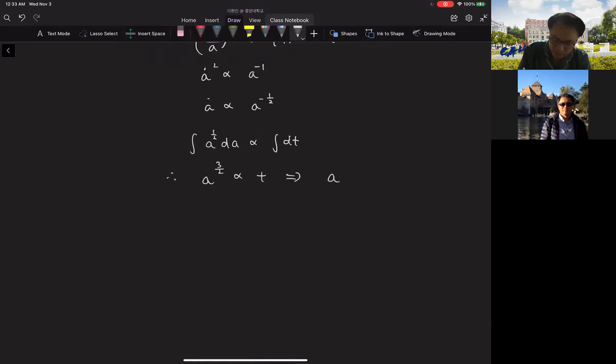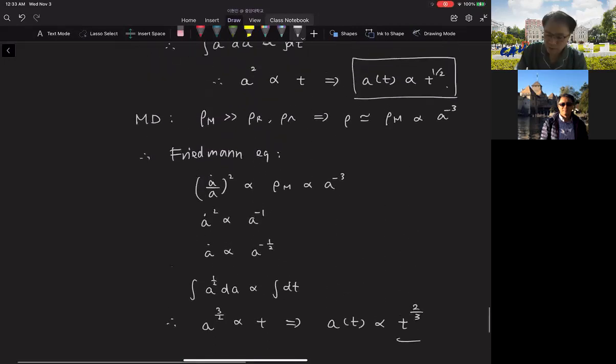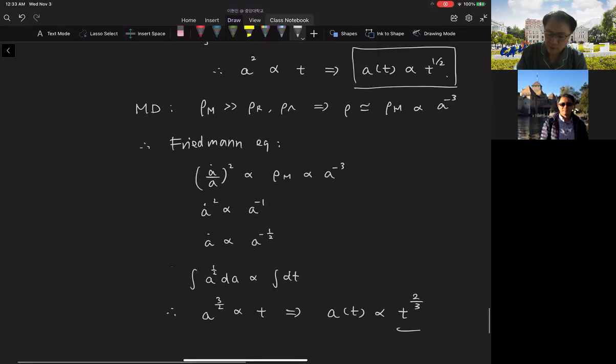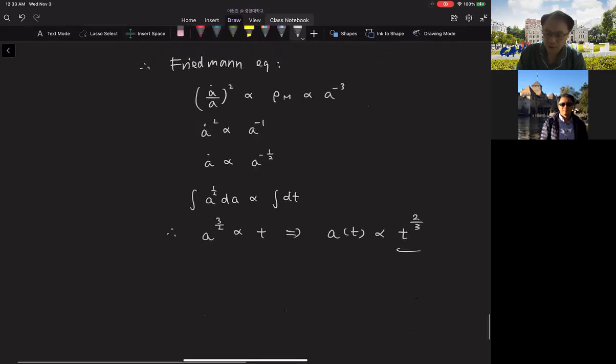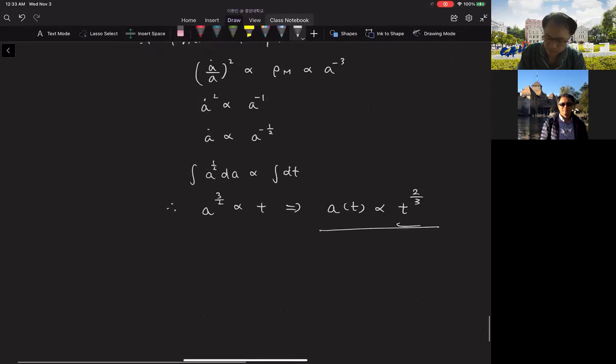Therefore, the scale factor is proportional to t to the 2/3. Okay, in comparison to the scale factor being proportional to the square root of t for radiation, the exponent is larger than the one for radiation.